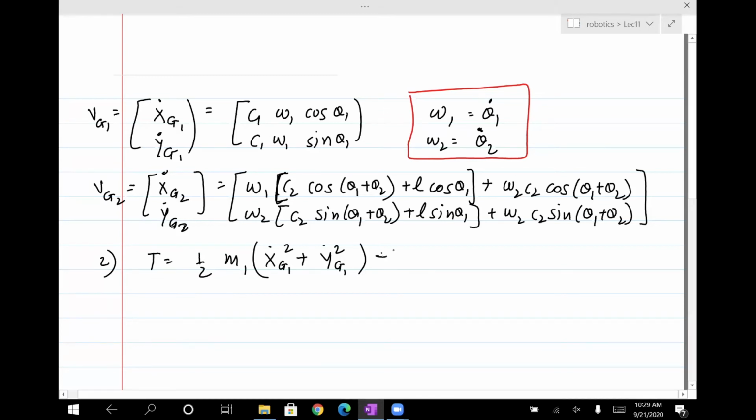There's also a rotational part because now we have inertia. So I'm going to denote I1 to be the inertia about the center of mass. Then the rotational energy is I1 omega 1 squared, plus I have a similar term for the second link, which is xg2 squared. By the way, this should be in frame 0. All this is in frame 0.